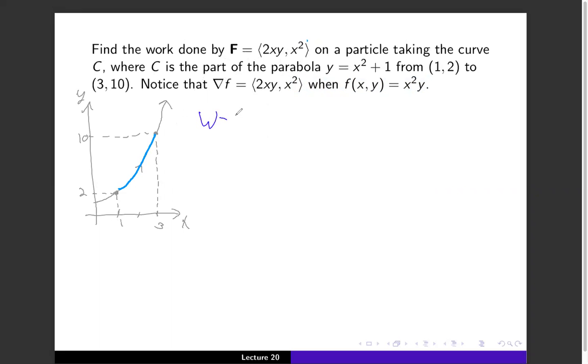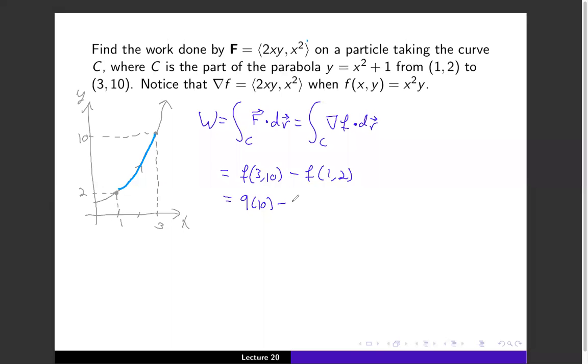So the work is just the integral over C of F · dr. But in this case, that's the integral over C of the gradient of f · dr. And by the fundamental theorem of line integrals, that's f of the ending point, which is (3, 10), minus f of the starting point, which is (1, 2). f(3, 10) in this case is 9 times 10. f(1, 2) is 1 times 2, or in other words, 88.